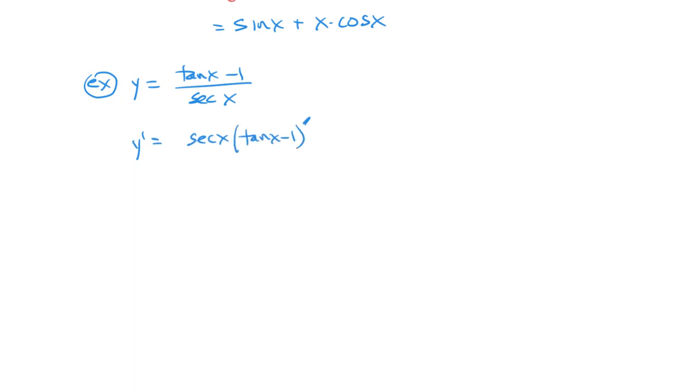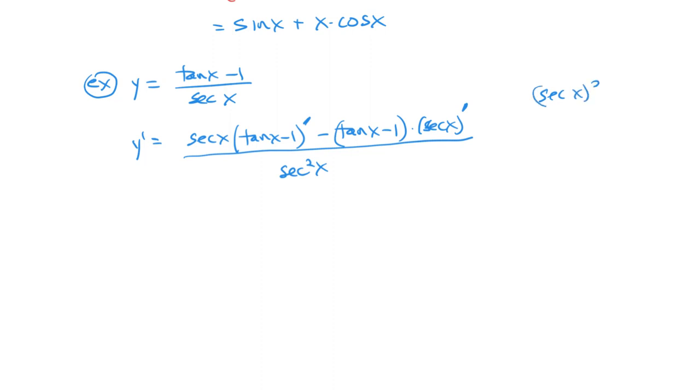Low d high minus high d low, derivative of low, right? That's a secant. All over the square of the bottom we go. Remember with trig functions, when we write this, what this really means is secant of x squared, right? So it really means this. It's just we typically write it this way, okay? Just kind of keep that in mind.